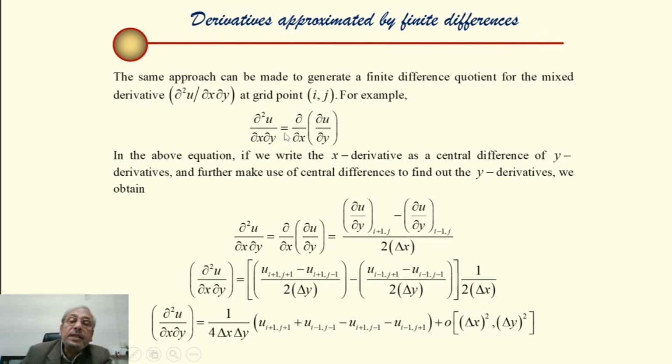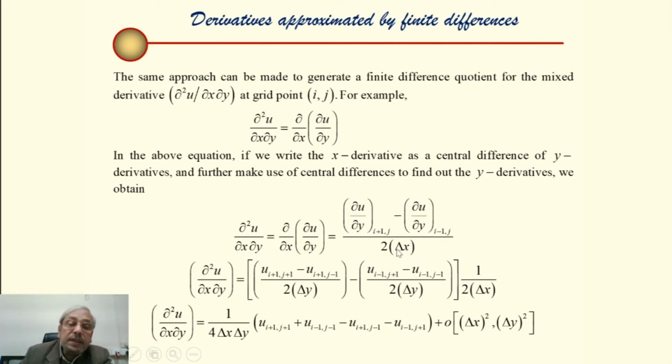For del 2u del x del y, we can write del x of del u del y. Del u del y at the point i+1 minus del u del y at the point i-1, that is, del u del y at i+1,j minus del u del y at i-1,j, divided by twice delta x.